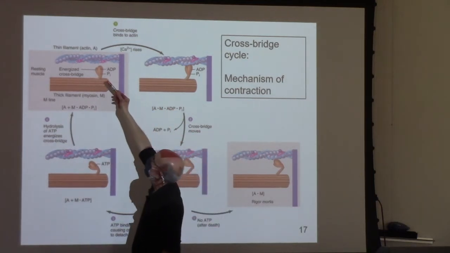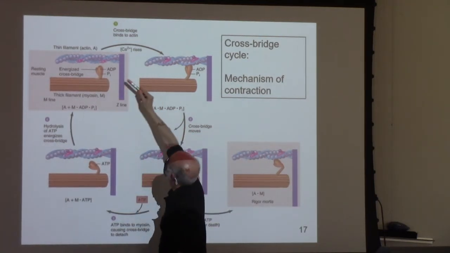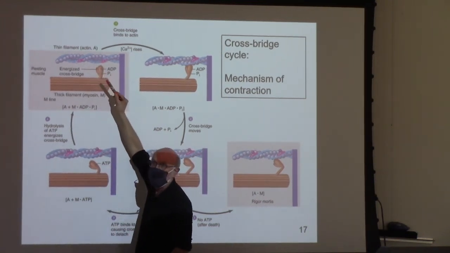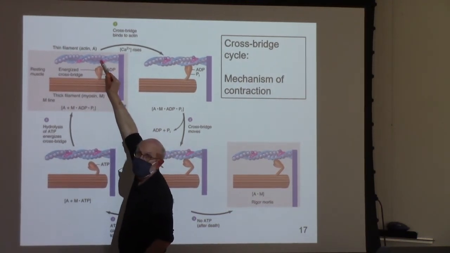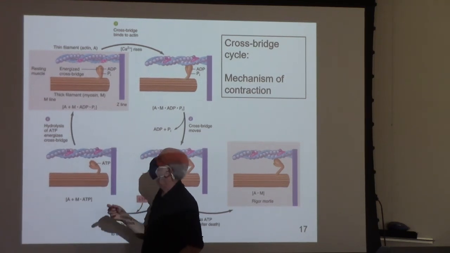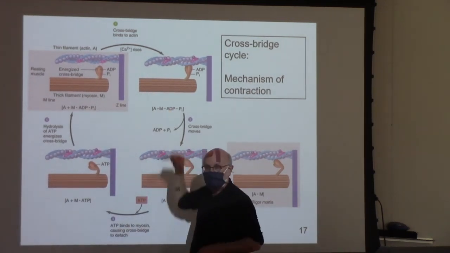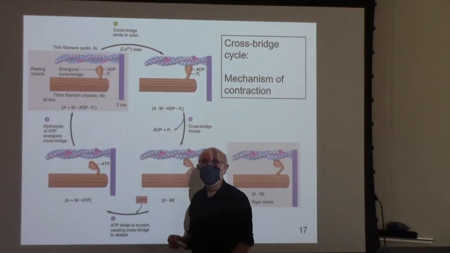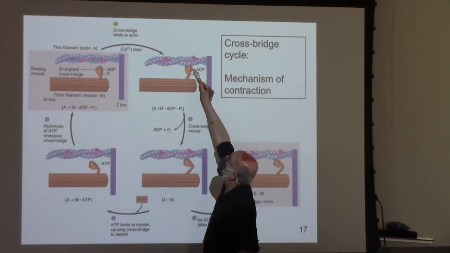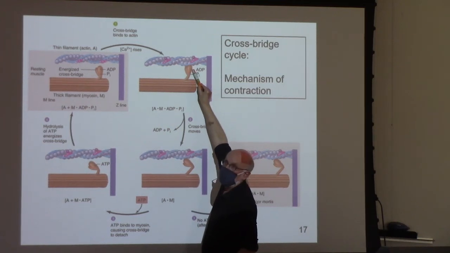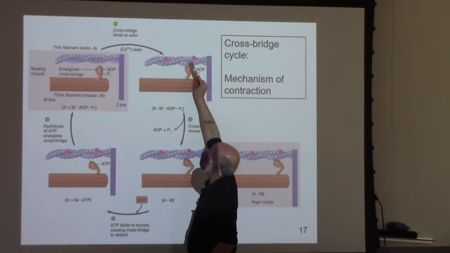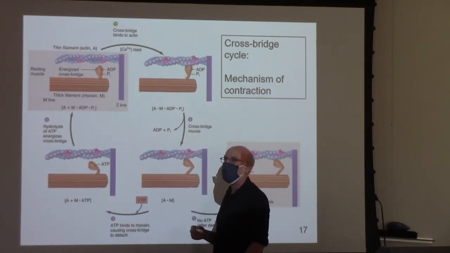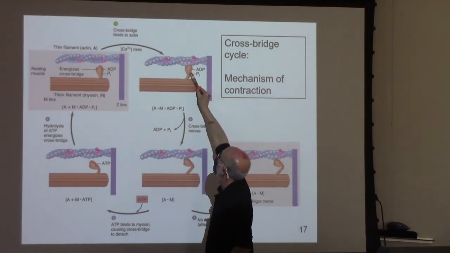In the absence of calcium, the myosin cannot interact with its thin filament because troponin and tropomyosin are blocking. Now we stimulate the muscle. Intracellular calcium rises because it's released from the SR. Now the myosin head can interact with the actin of the thin filament because the troponin and tropomyosin have gotten out of the way.